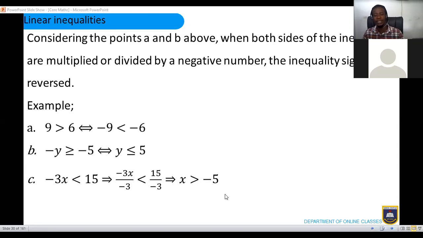So when we substitute negative 3 for x into negative 3x less than 15, we get negative 3 times negative 3, which will give us positive 9. And indeed, 9 is less than 15. You can keep on testing to verify or look back to see if the problem you are solving has indeed been solved.